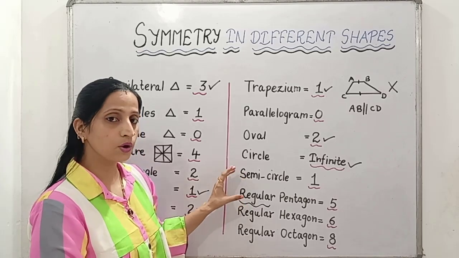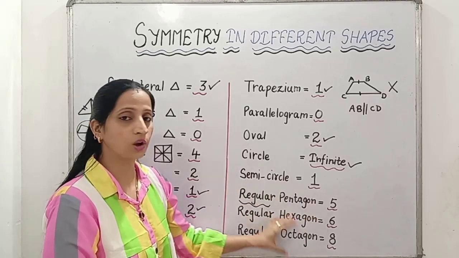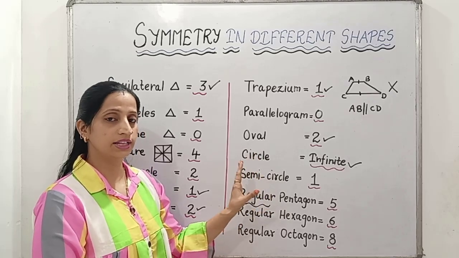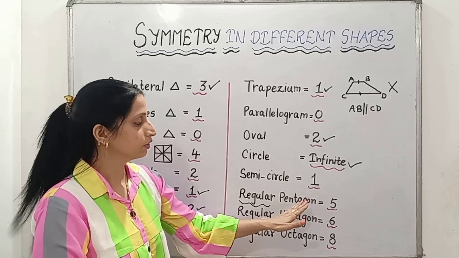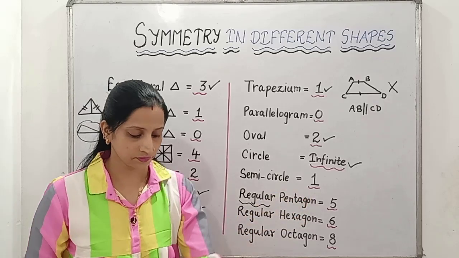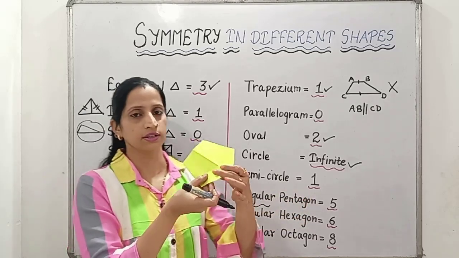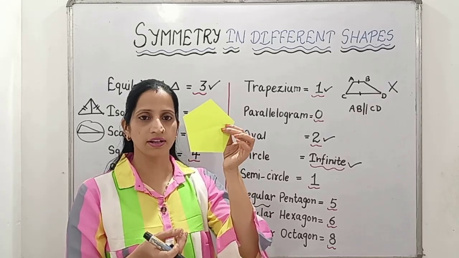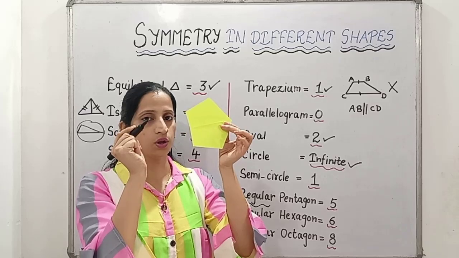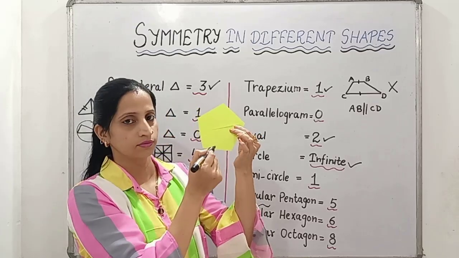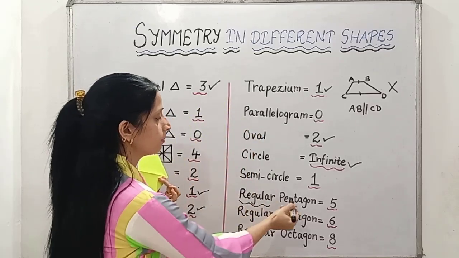Regular means when all the sides of these polygons are equal, then we call them regular. Regular pentagon means when all the 5 sides are equal. You can see, this is a pentagon, it has 5 sides, 1, 2, 3, 4 and 5, and all the 5 sides are equal. Hence it is known as regular pentagon.